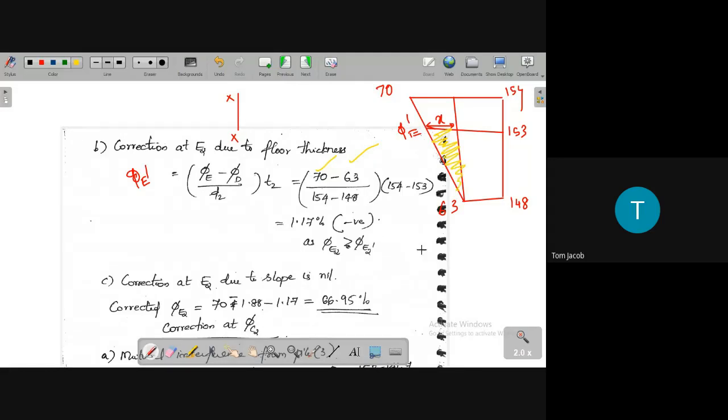For that, x by the base of the big triangle, that is 70 minus 63, equals the height of the small triangle, that is 153 minus 148, divided by the height of the big triangle, that is 154 minus 148.